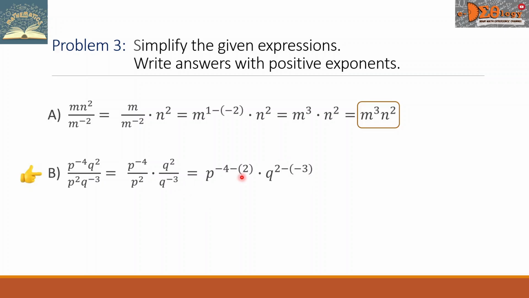Then we simplify. For the power of p, negative 4 minus 2 becomes p with negative 6. And for the q, 2 minus a negative 3, that is 2 plus 3. That will be power 5. Then we see that there is a negative power for the p. We simplify this, putting this p in the denominator. So we have q raised to 5 all over p raised to positive 6. This is now the final answer.